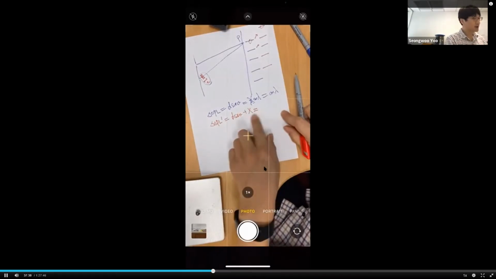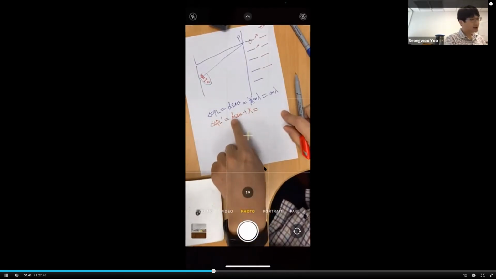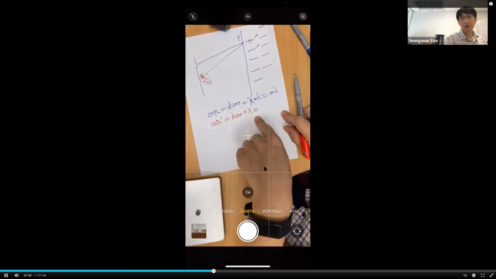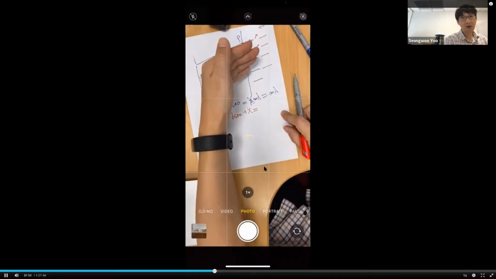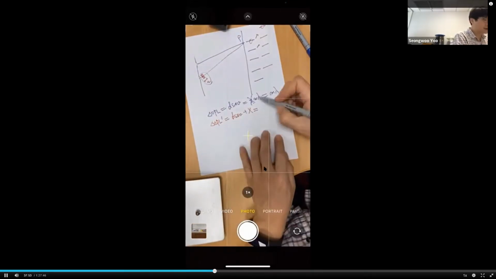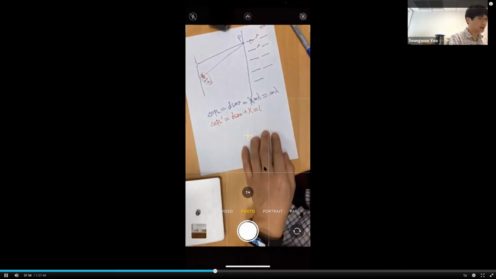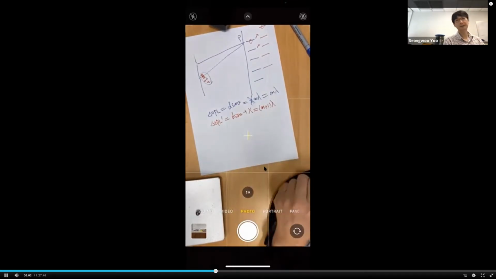In other words, this optical path length still results in a bright fringe, but it shifts one step. So m plus 1 lambda.